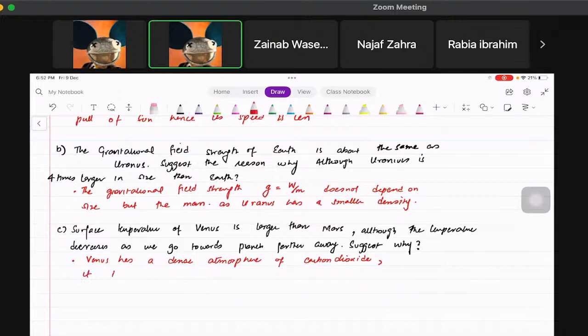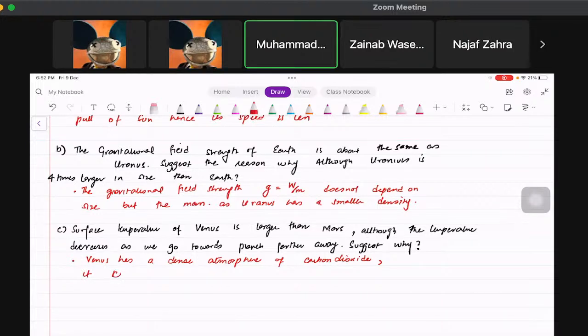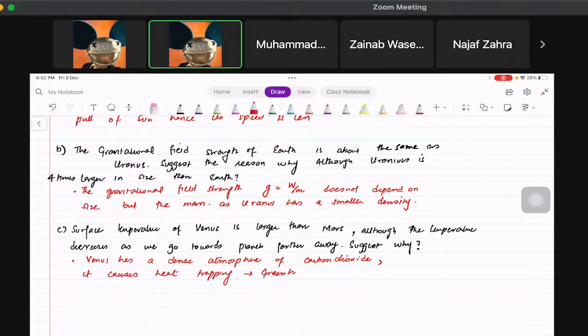It does what? It's dense. No. It causes heat trapping. That is called the greenhouse effect. Studied in grade 8, right? Remember? That's what you guys need to remember. So that's why there is a lot of trapping of heat, and that's why the surface temperature is so high.